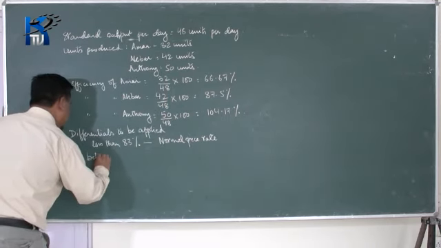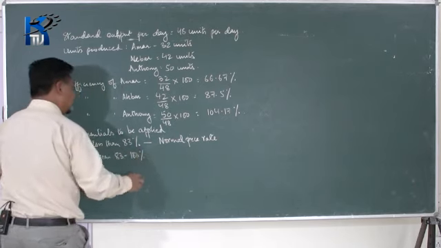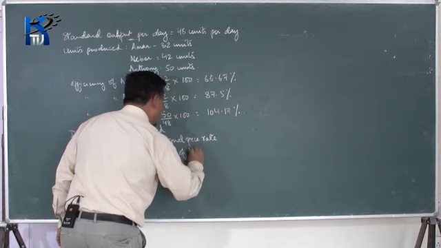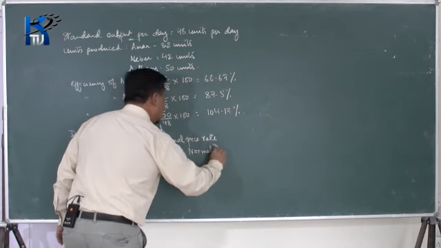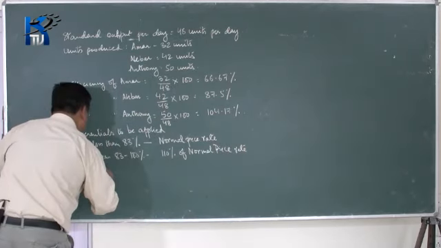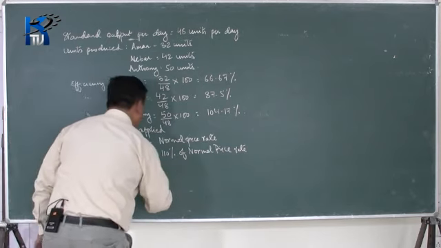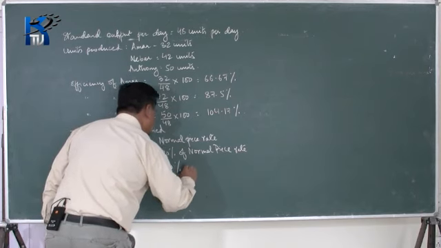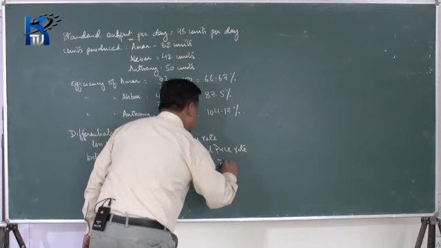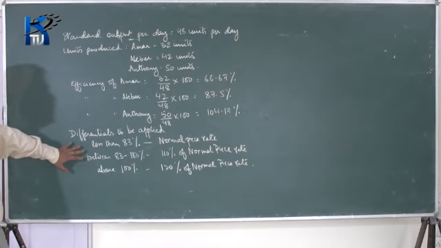Between 83 and 100%, 110% of the normal piece rate. Above 100%, 120% of the normal piece rate is provided. So we will use these differentials of Merrick.